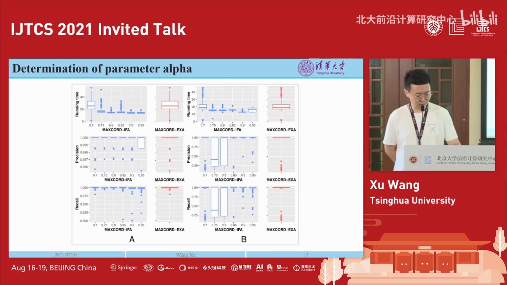You can see the indicators of MaxClique-RXA are similar to MaxClique-RFA when parameter alpha takes the value of 0.7. We can also check that no matter whether the attack power is weak or strong, 0.9 is a good choice according to the precision, recall, and running time.